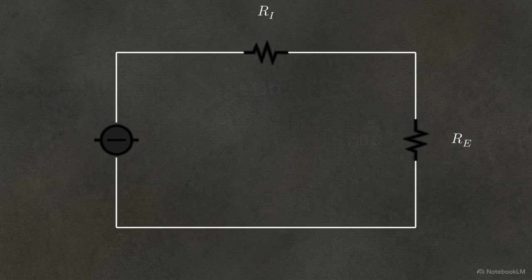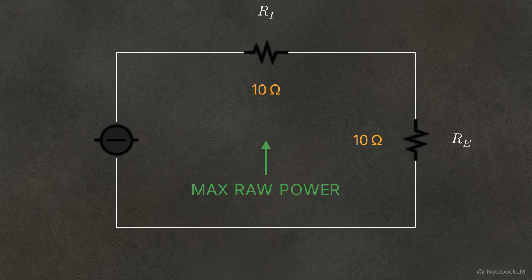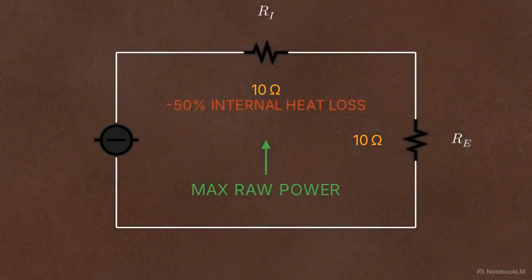The maximum power transfer theorem dictates a rigid constraint. To extract maximum raw power, the external resistance must perfectly equal the internal resistance. But balancing these variables triggers a physical trade-off. A circuit with equal resistances functions as a voltage divider, forcing the transducer to burn 50% of its generated voltage purely as internal heat loss.